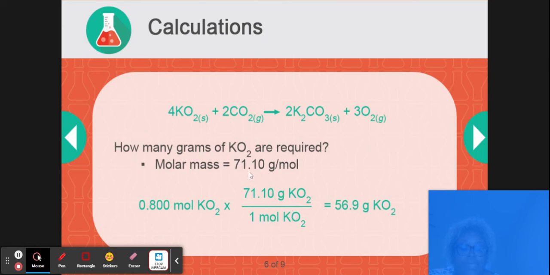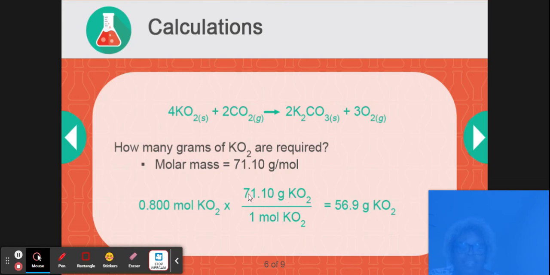When you're doing the molar mass, the number that you calculate always goes with grams, and the 1 always goes with the mole. So even if the grams had to go to the bottom, you still would have 71.10 grams at the bottom. But you want the grams at the top because that's what we're looking for.